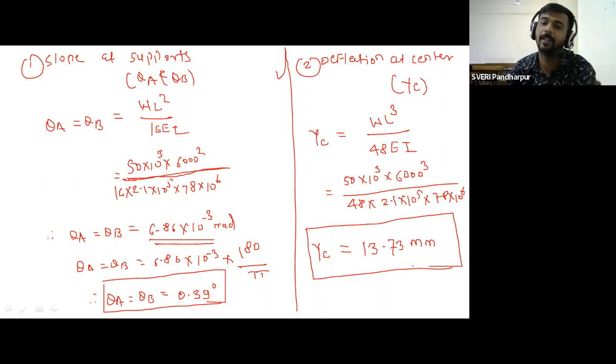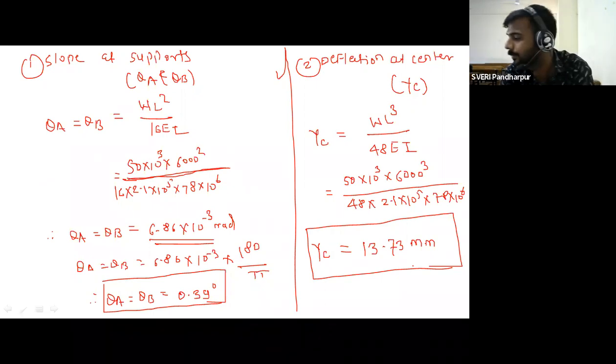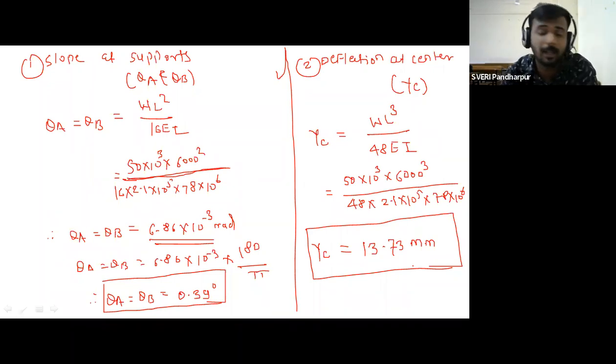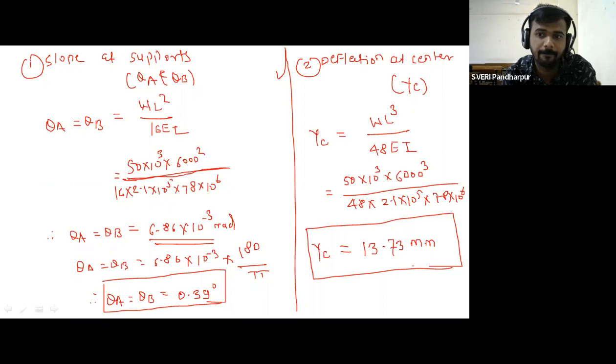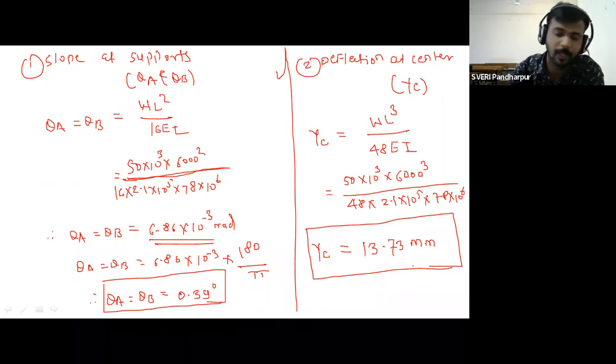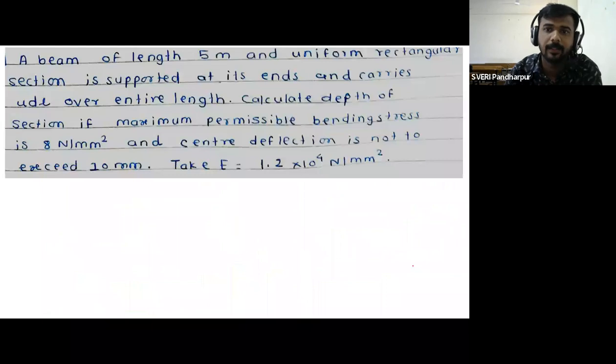Please check. Deflection is equal to 13.73 mm and slope is equal to 0.39 degree. Okay. The next.